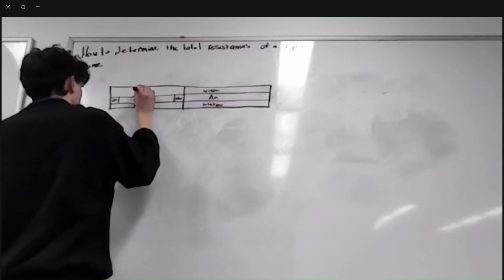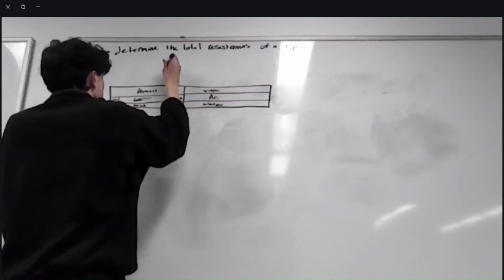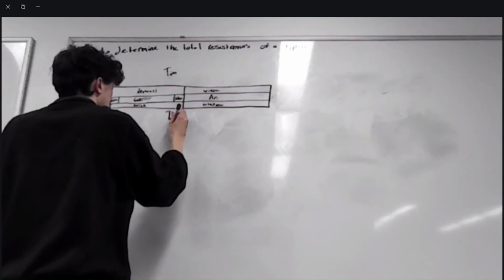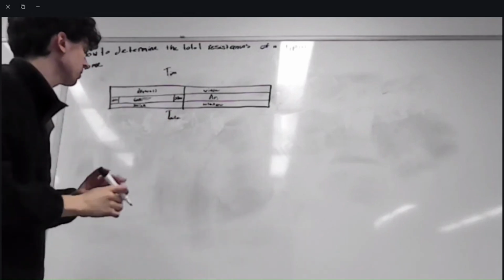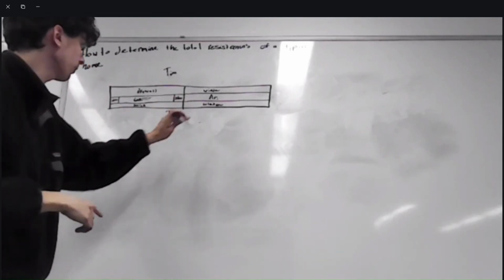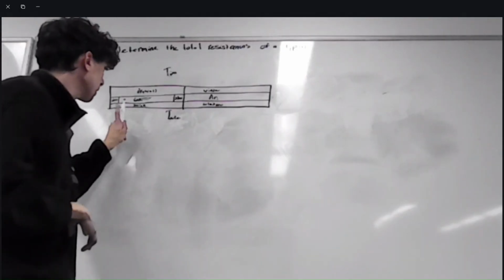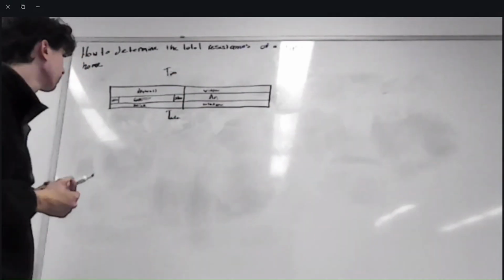And then we will have drywall. We'll have temperature of the inside, temperature of the outside. So we have two different areas that we're going to be focusing on. First we will attack the drywall side, and then we'll go after the window and argon side as well.